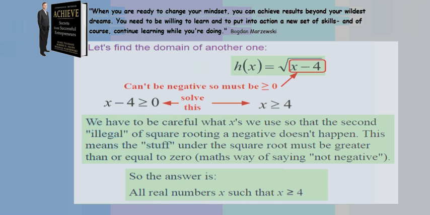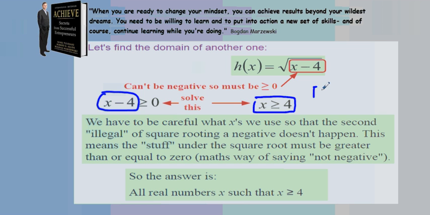In case you have a square root function, you must be aware that only non-negative numbers would be allowed inside of any square root. So this is why x minus 4 must be greater than or equal to 0. Then you solve that inequality and you discover that x must be greater than or equal to 4.